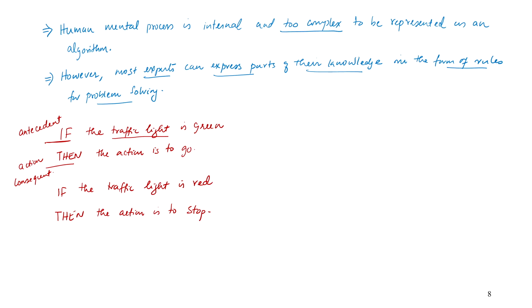So, let us say the first thing is: the antecedent of any rule has two parts.